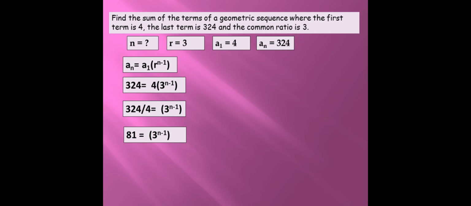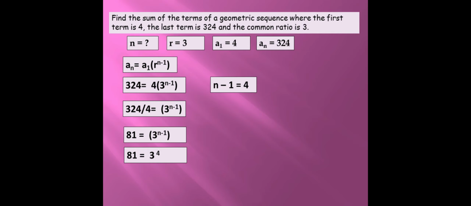So, mayroon siya. We can write 81 as 3 to the 4. Okay? 81 is 3 to the 4 because 3 times 3 is 9, times 3 is 27, 27 times 3 is 81. So, therefore, n minus 1 equals 4.